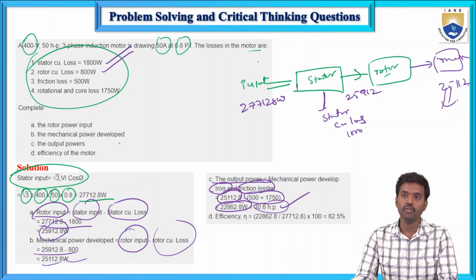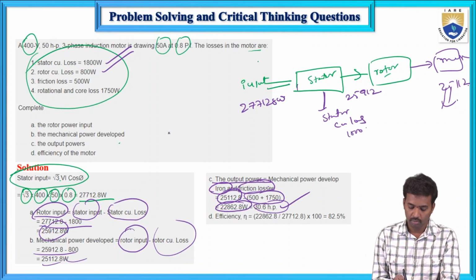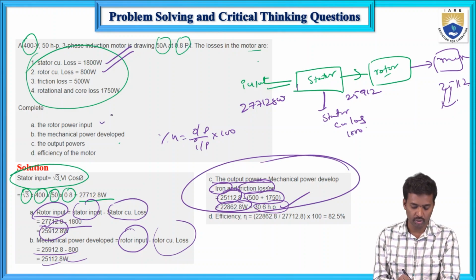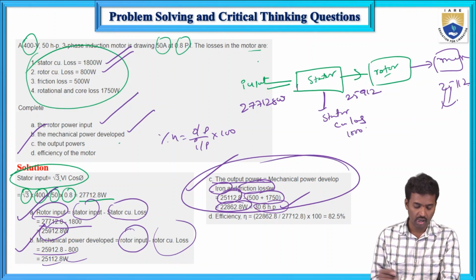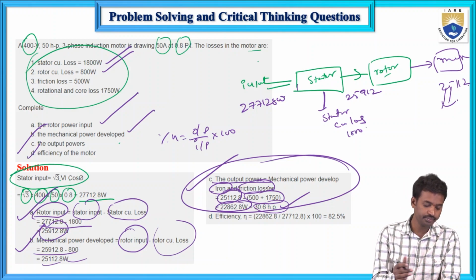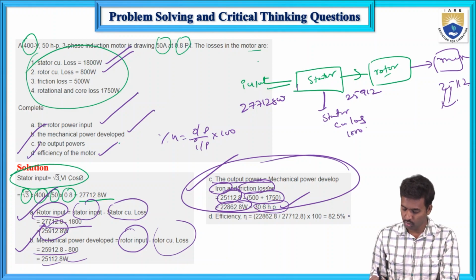Now we know the formula for efficiency: percentage efficiency equals output by input into 100. This is the rotor input we calculated, the mechanical power developed we calculated, the output power we calculated, and this is the efficiency. What is the efficiency of the motor?